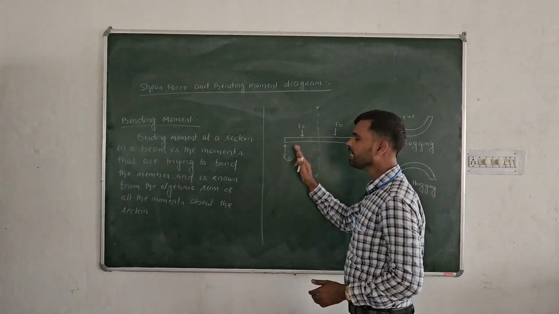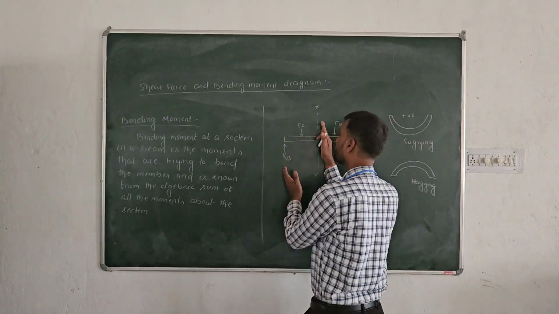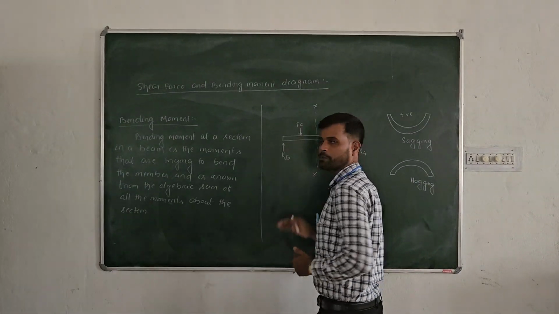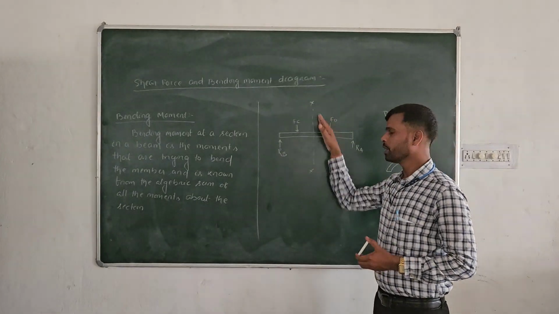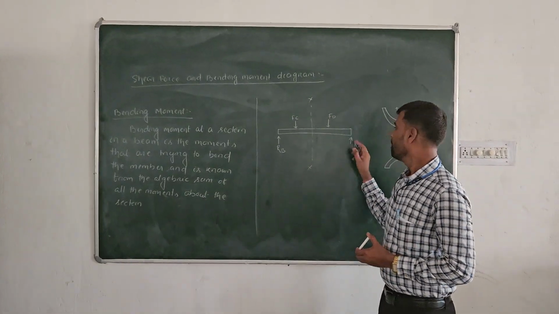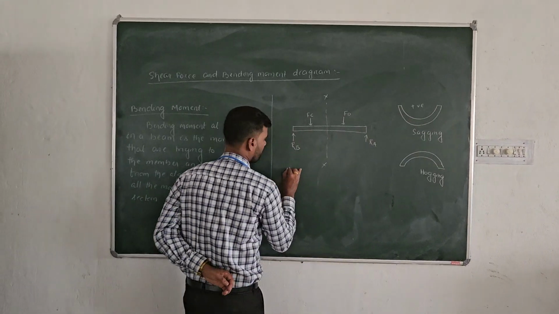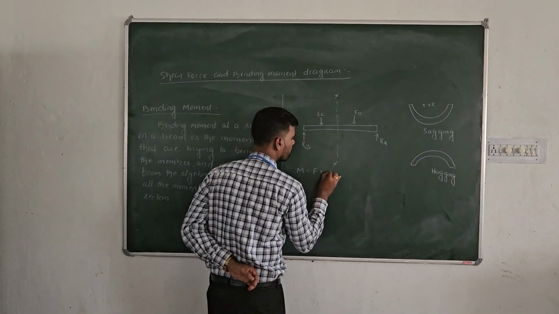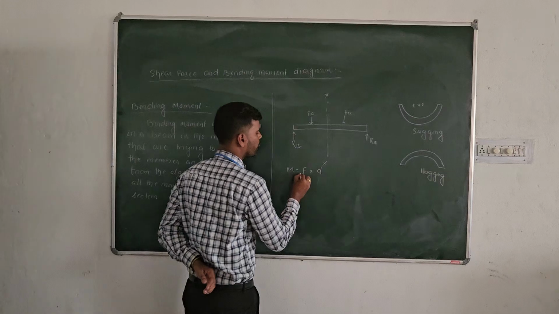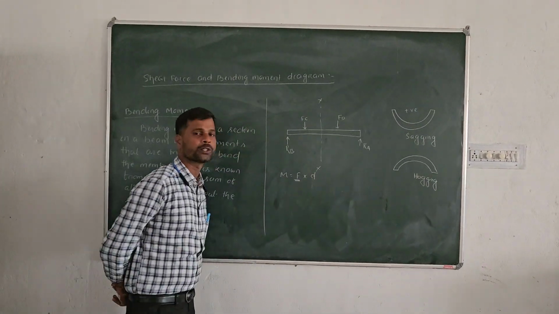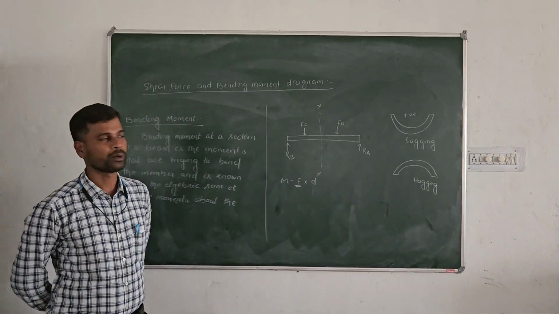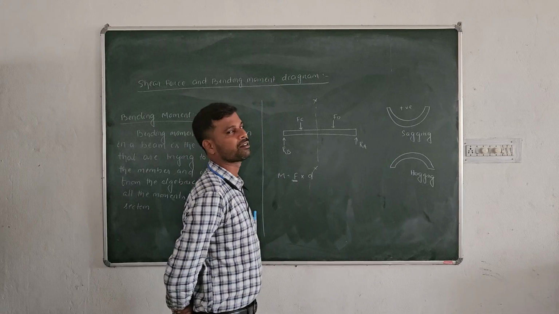Or if I am taking the left side, then the moment of RB plus the moment of FC is the moment acting at the point XX. As moment is force into perpendicular distance, and force is a vector quantity, hence moment is also a vector quantity. So as it is a vector quantity, here the direction matters.